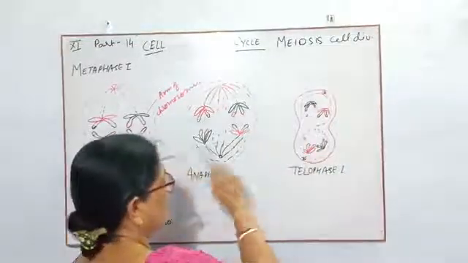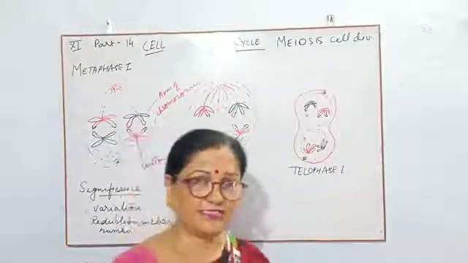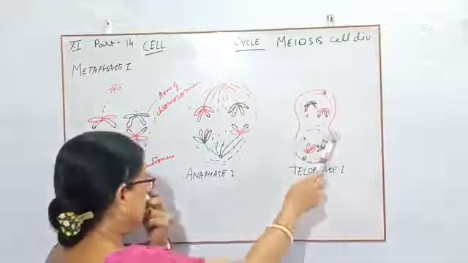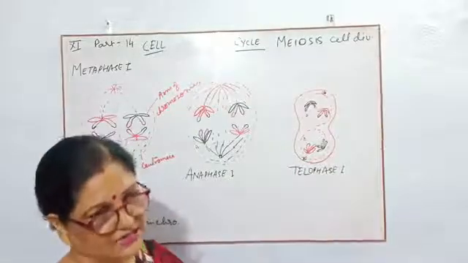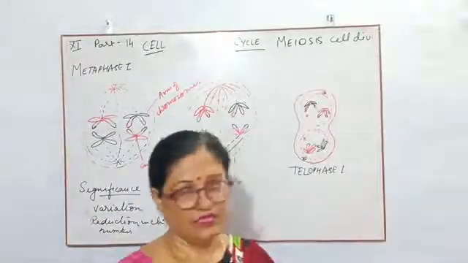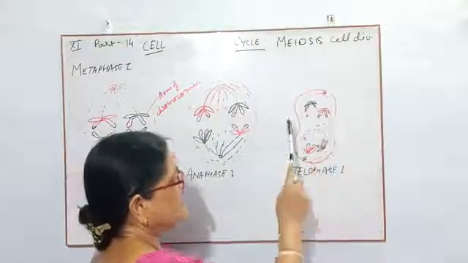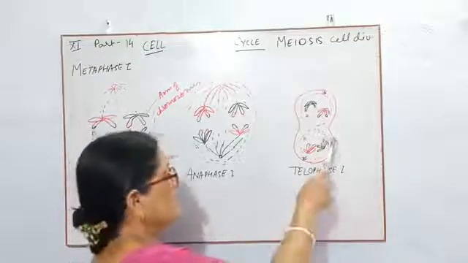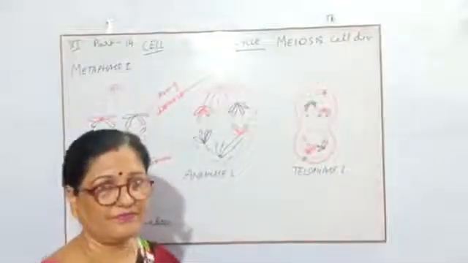In this way one diploid cell is divided into two haploid cells. This is an animal cell, so that is why the cytoplasm divides by the furrow method. In some cases they are totally divided, and in other cases they remain in one cell only, but the cytoplasm is a little bit constricted. So in this way meiosis 1 is over.